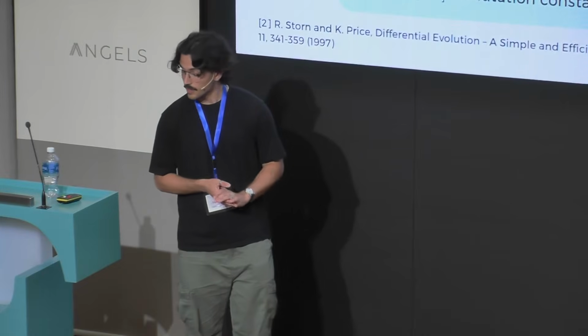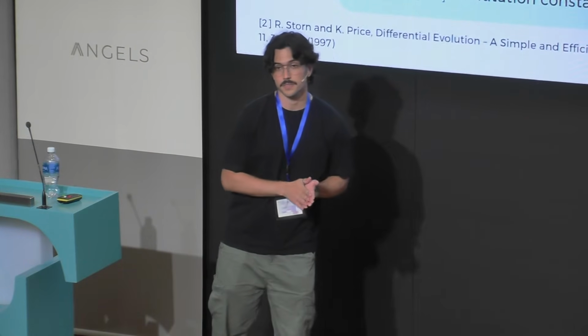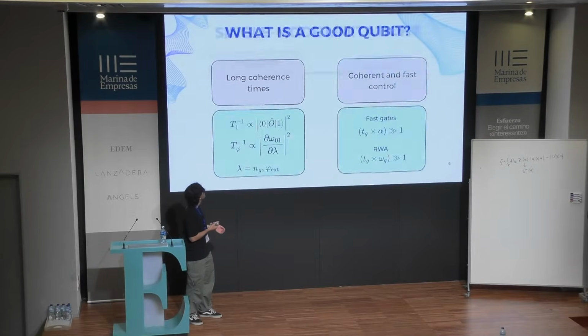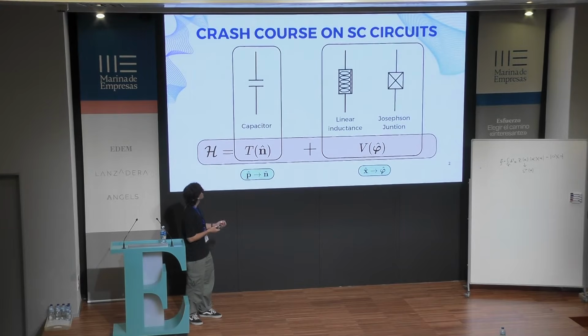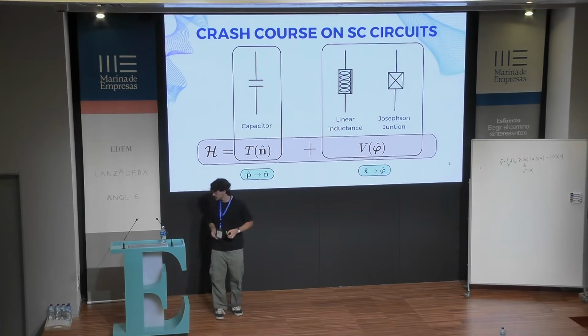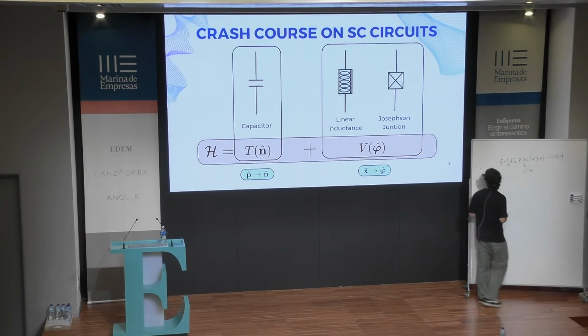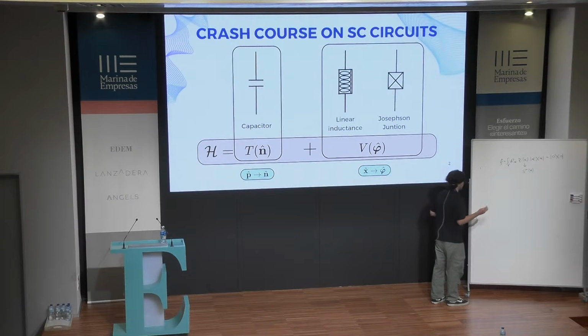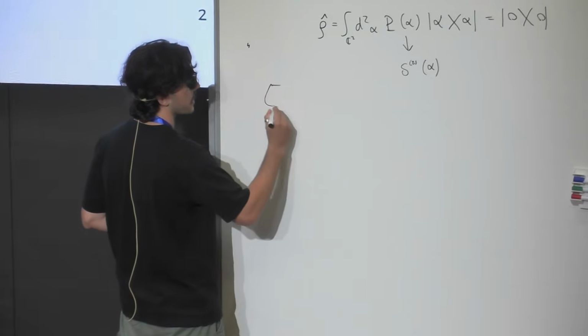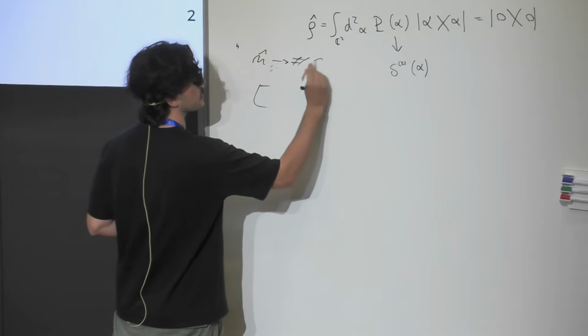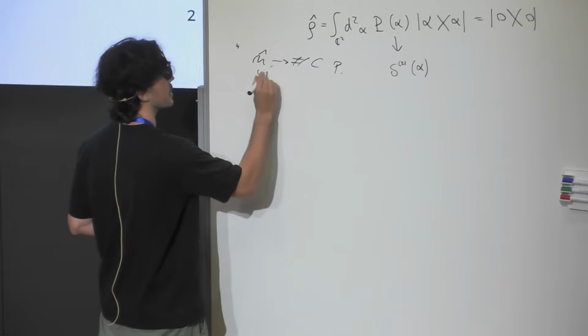Yeah, there is a standardized way to quantize superconducting circuits, which is, well, I can show you here. Obviously this is a very, very simplified version of it. Basically, we have two operators that are the number of Cooper pairs, if you want, and then the magnetic flux.